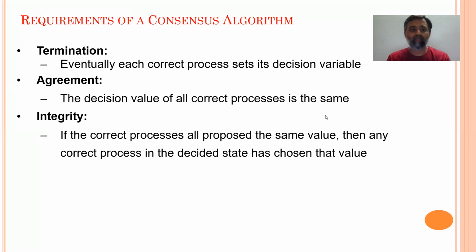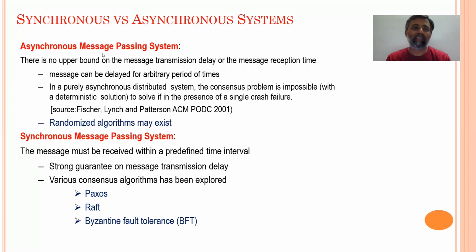And the third one is the integrity requirement: if the correct processes all propose the same value, then any correct process in the decided state has chosen that value. So these three requirements should be ensured by any consensus algorithm.